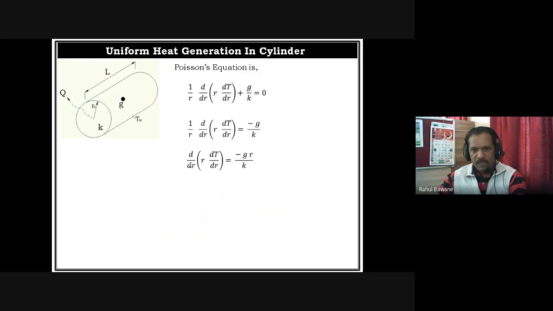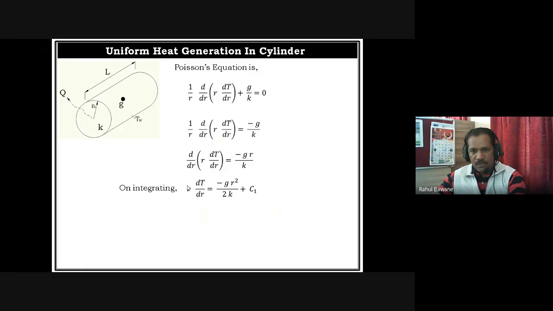Now we have this final form, d by dr of r into dT by dr. Now on integrating, the d by dr will vanish after integration, so we get only r dT by dr, and on the right hand side when we integrate, it will be minus g r square upon 2k plus c1, the constant of integration.